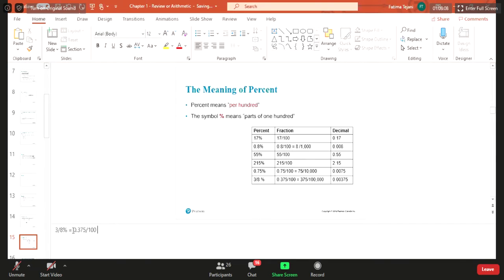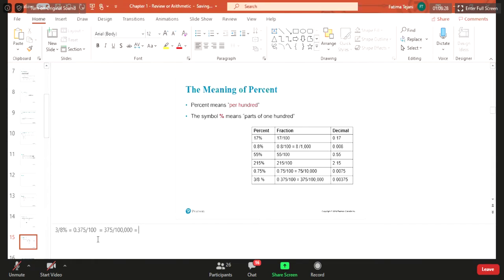Now there are 3 values after the decimal, so you use 3 more zeros. So 375, if you really want to convert it into a value and take the decimal out, is divided by 100,000.